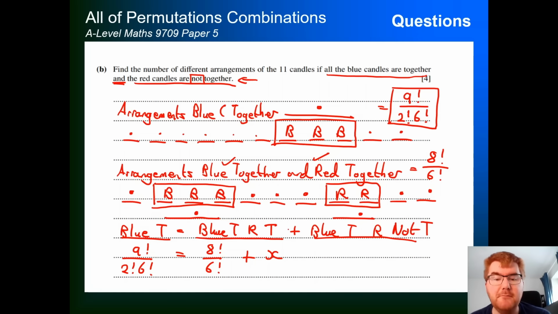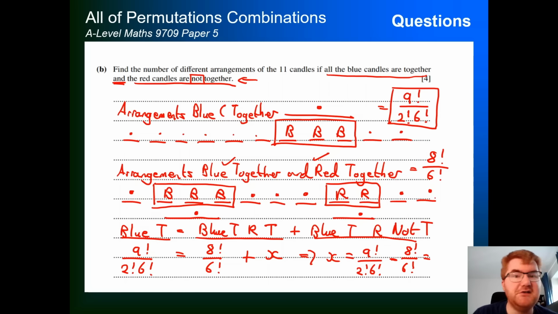Well, we minus it from both sides. So x is equal to 9 factorial over 2 factorial, 6 factorial, minus 8 factorial over 6 factorial. Again, we plug that into the calculator. Again, I give you a chance to do that at home, and that will give us 196 arrangements for our 4 marks.